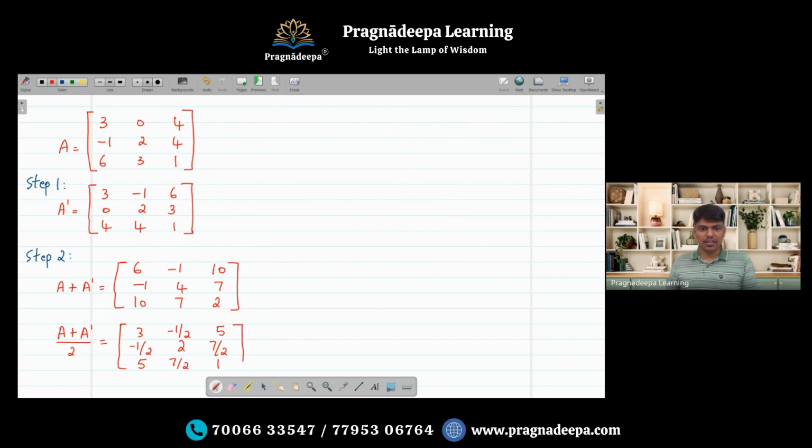Correct? Now please understand, this A plus A dash by 2 is symmetric, because A plus A dash is symmetric and a scalar multiple is always symmetric. So what did I get in step 2? I got symmetric.